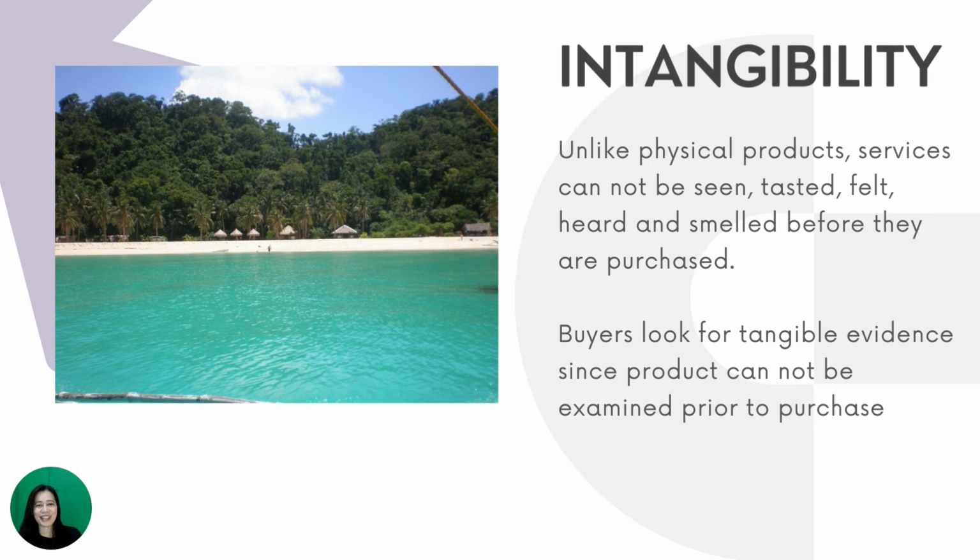Okay, so when we look at intangibility, it's not being able to touch the product, to test it, to smell it, or to even hear it, okay, before you actually purchase the product. So we see a picture of the shoreline of Boracay, and that's all we get.